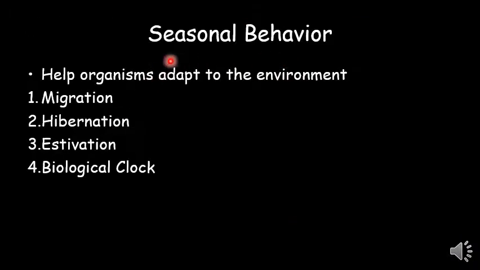And apart from that, we have seasonal behavioral adaptation. Say, for example, animals moving from one place to another in order to avoid food and water scarcity, and also to find a good place for their offspring and to reproduce. Hibernation: some animals, in winter time, will simply go and sit and do nothing.